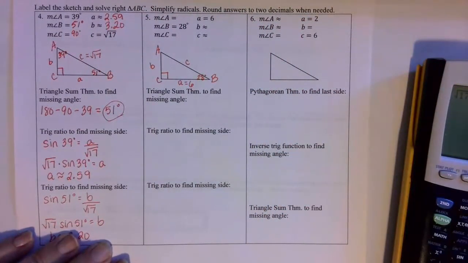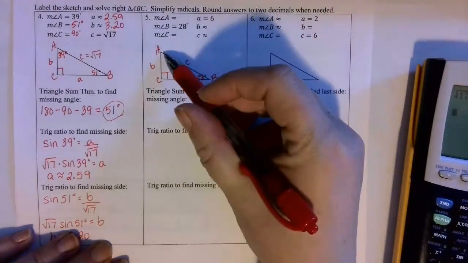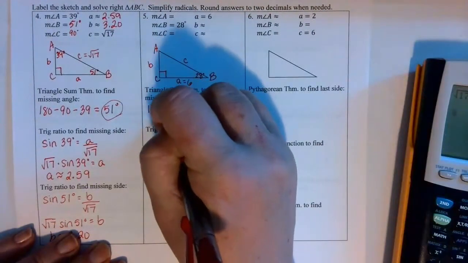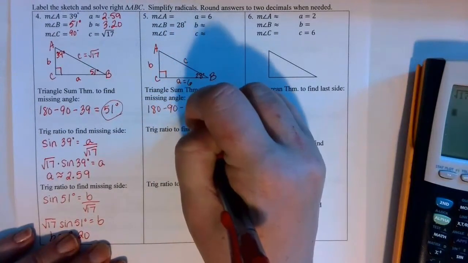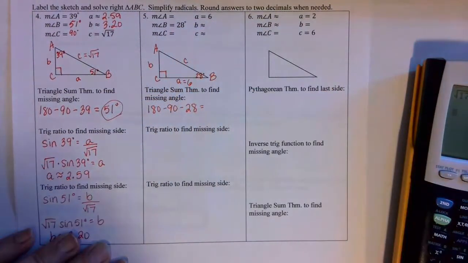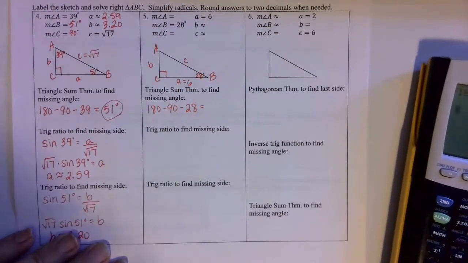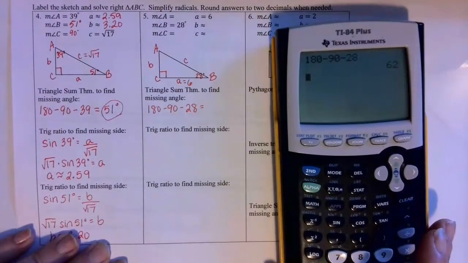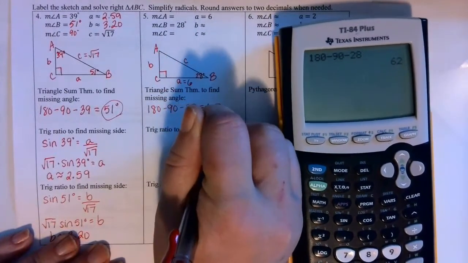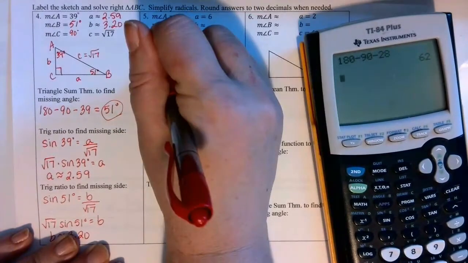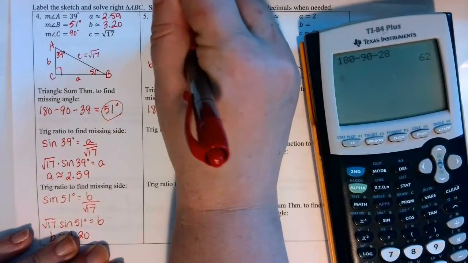So to use the Triangle Sum Theorem to find my angle A, which is the missing angle, I'll take 180 minus 90 minus 28, and we get 62. So angle A is 62 degrees.